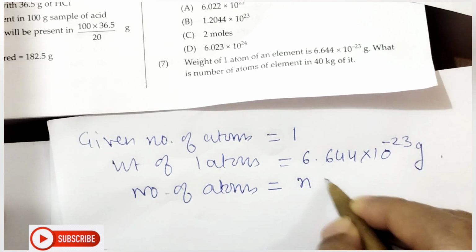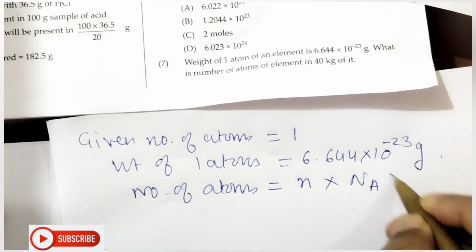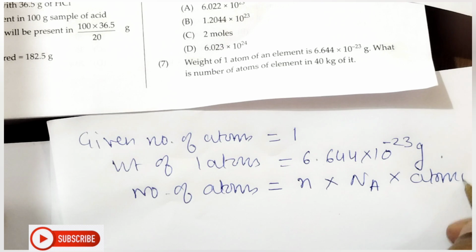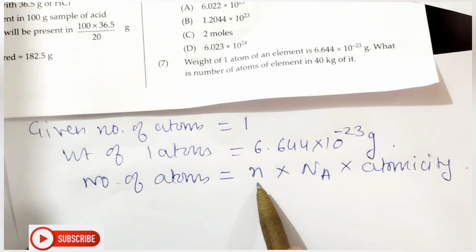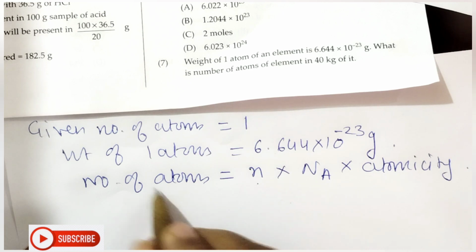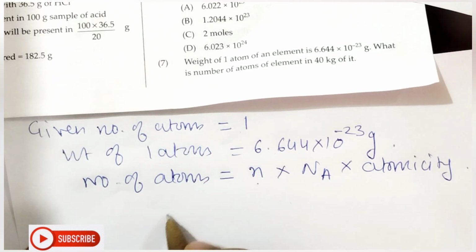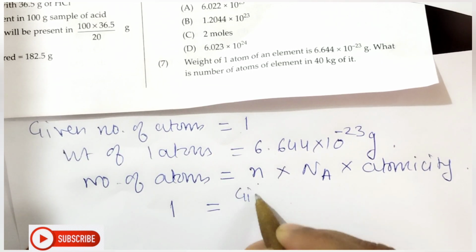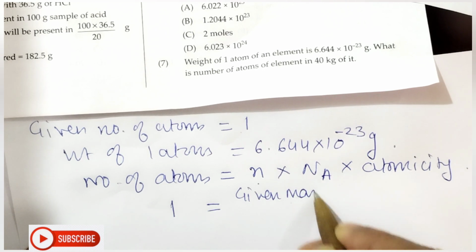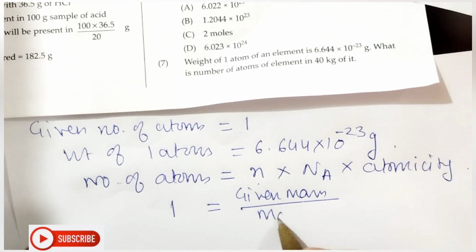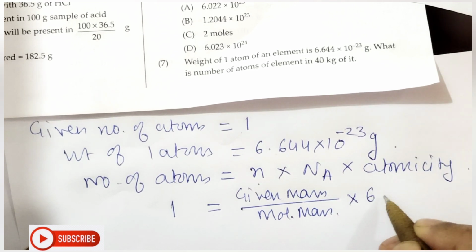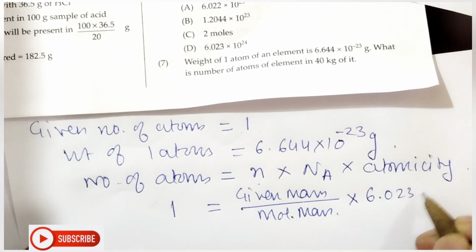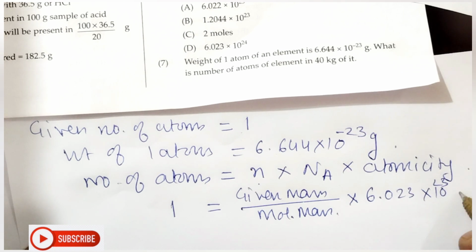Number of moles into Avogadro number into atomicity. Here the number of moles is not given, therefore I will split the number of moles as given mass of that particular substance divided by its molar mass or molecular weight, multiplied by Avogadro number 6.023 into 10 raised to 23, multiplied by its atomicity.